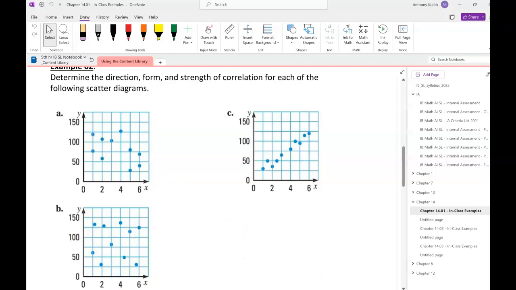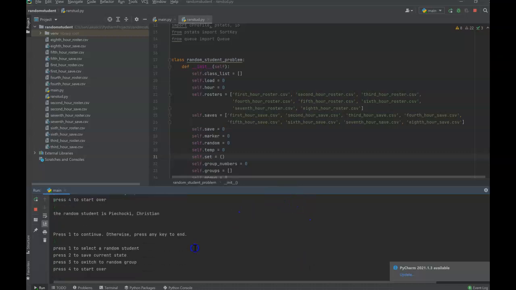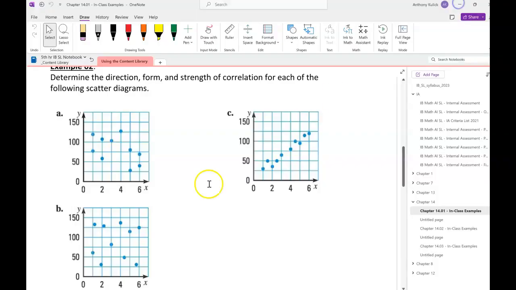B's going to be next, and our person answering B will be Aiden. So B right here. We're looking for direction, form, and strength. It's negative. Okay.